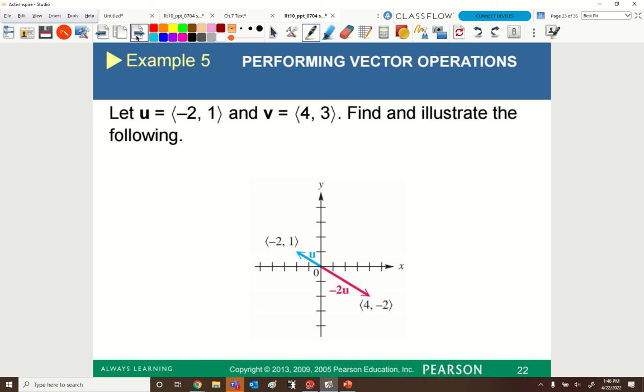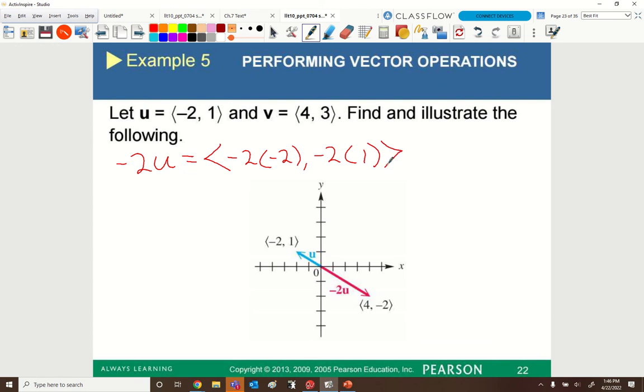All right, the next one I'm going to do is -2U. This is a scalar. So I'm going to do what to my vector U? Multiply, by -2. Very good. And I'm going to do it to each direction. So it's going to look like this: <-2(-2), -2(1)>, close vector.